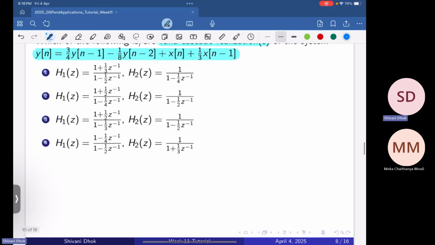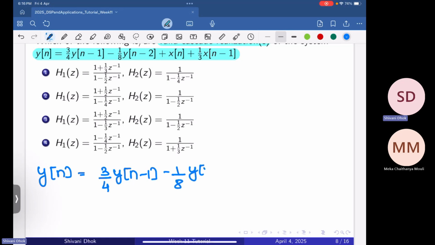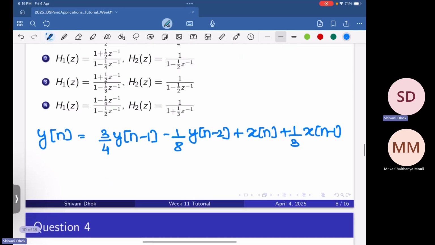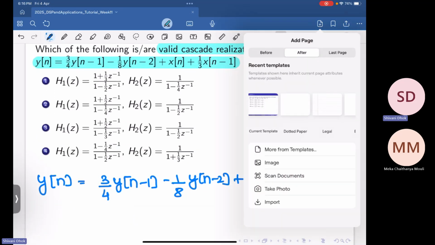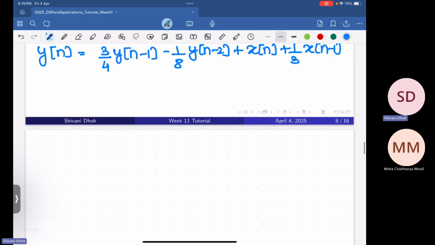What is the difference equation given to us? We are given y(n) equal to 3/4 y(n-1) minus 1/8 y(n-2) plus x(n) plus 1/3 x(n-1). Now I'll collect all the y terms on the left-hand side and all the x terms on the right-hand side.